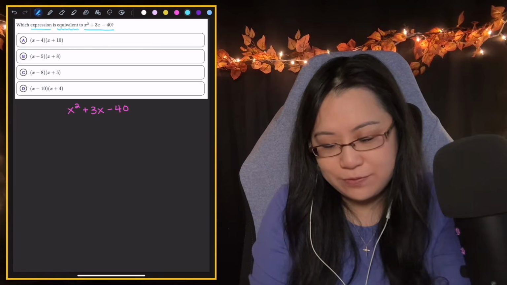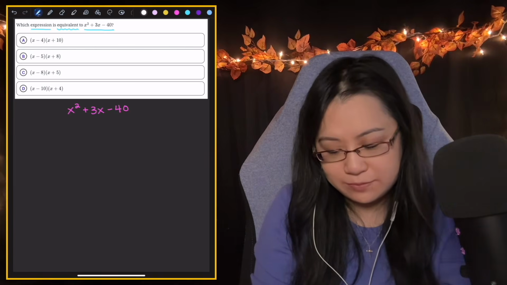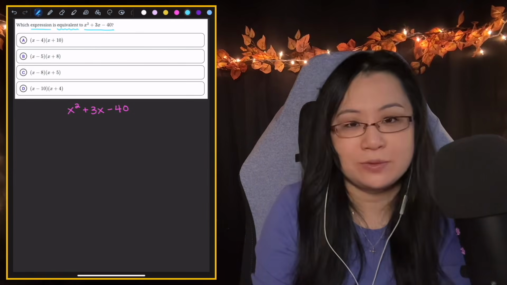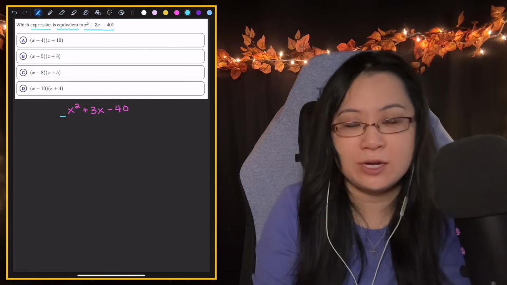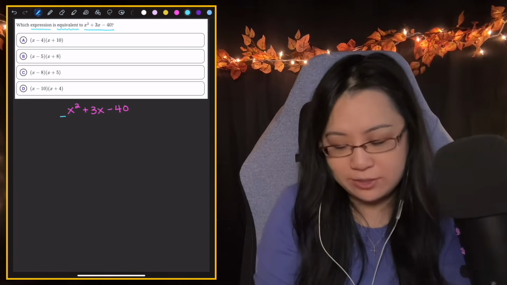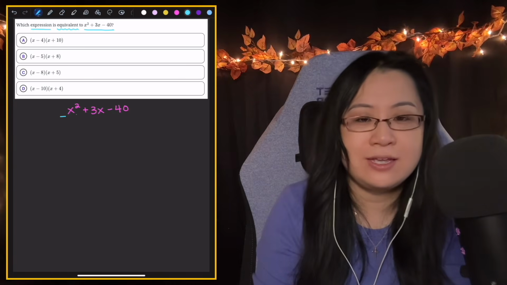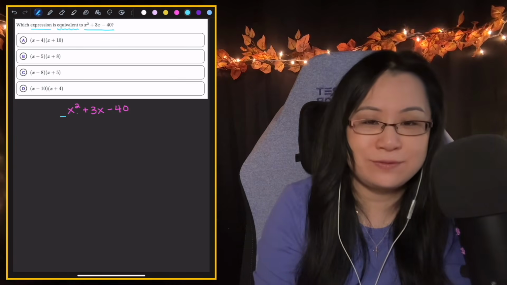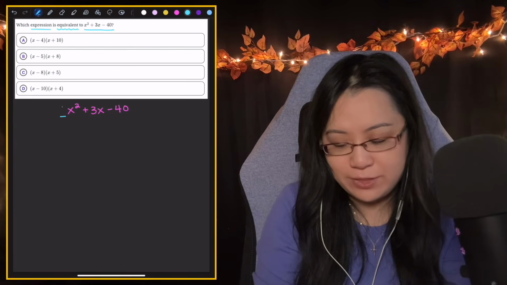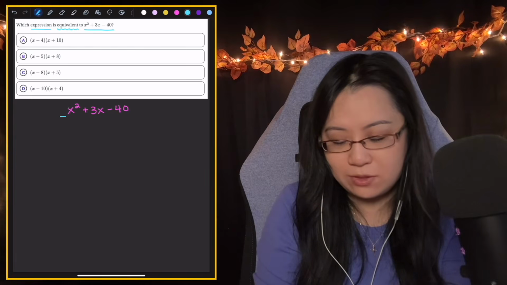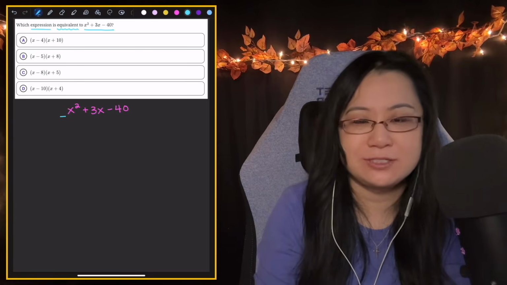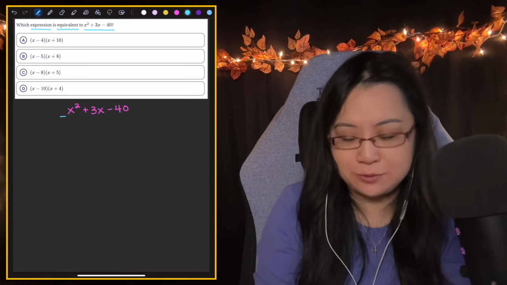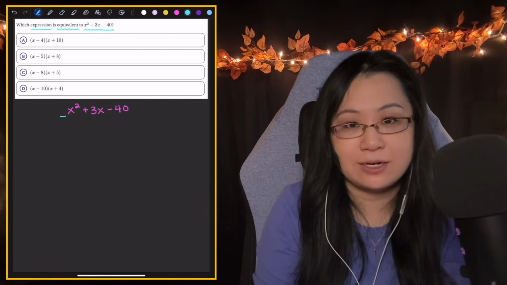So first of all, let's see here. So the nice thing about this quadratic is that the coefficient is 1 in front of the x squared. 1 times anything is itself. So if we had, for instance, 4 or 5 or 6 or whatever coefficient, we would also have to factor that number.